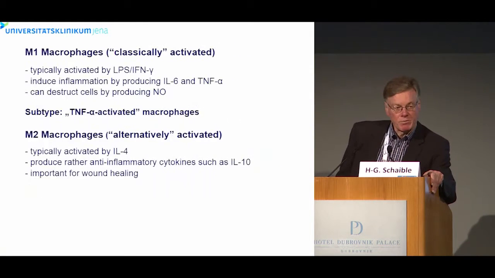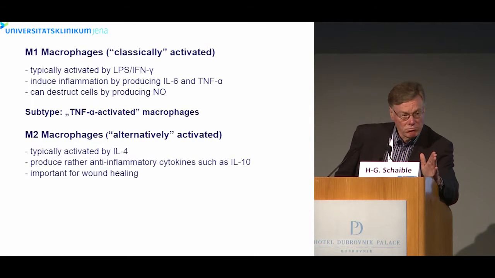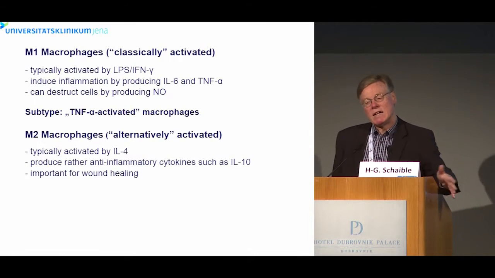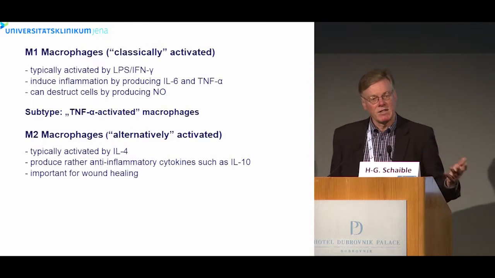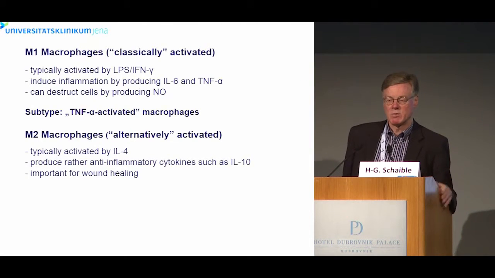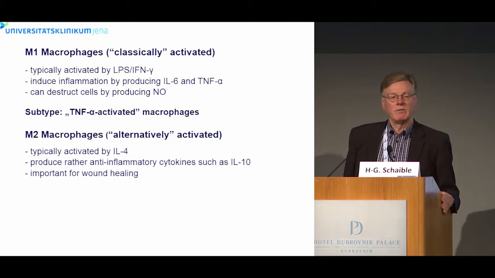Now, macrophages per se, you cannot tell what they do. You have to define the type. Macrophages can be classically activated. They are very pro-inflammatory. They can also be alternatively activated, M2 macrophages, and they are rather anti-inflammatory. And there are some types in between, the TNF-alpha activated macrophages. Now, of course, we were interested to see which type of macrophages we find in our experimental model.